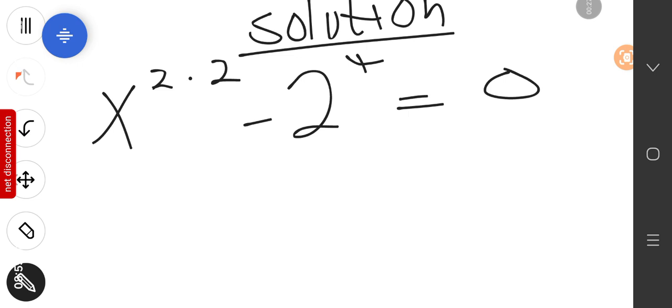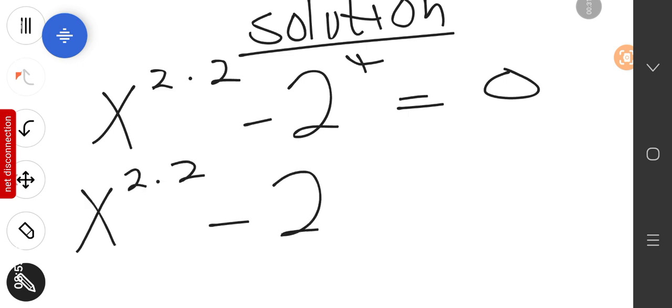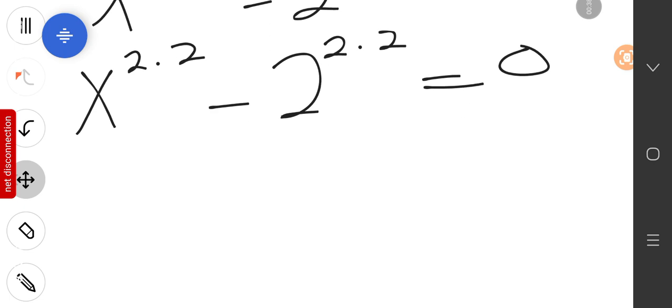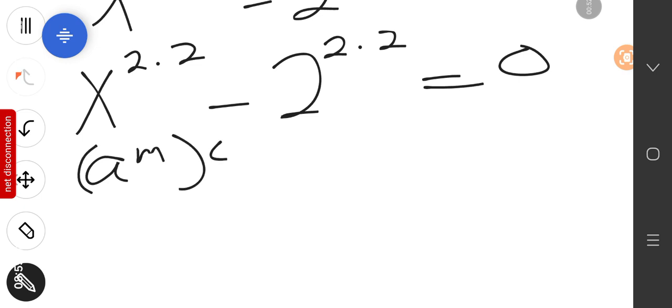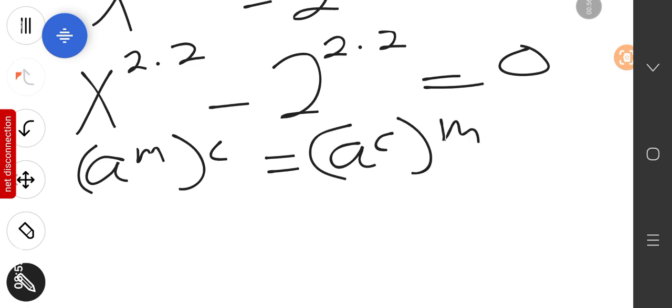Now the equation becomes (x^2)^2 - 2^4, and 4 can be written as 2 times 2. The next thing we're going to do is apply the power of a power rule of indices, which states that (a^m)^c = a^(cm).